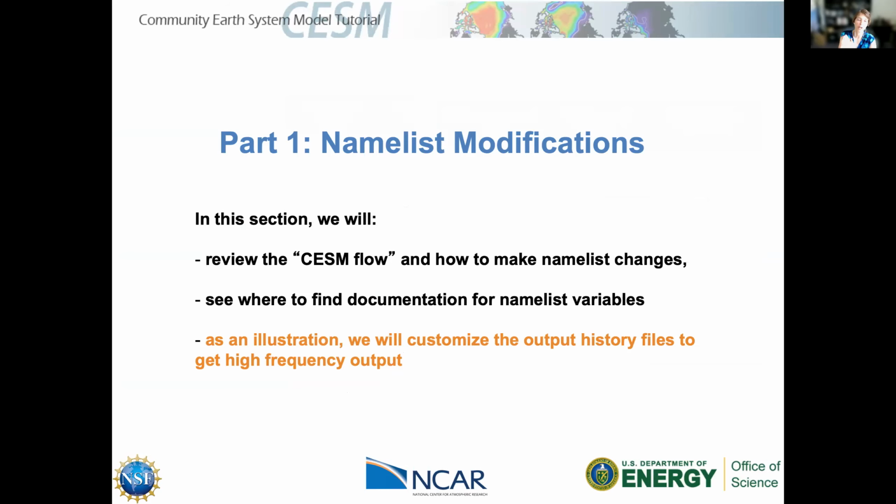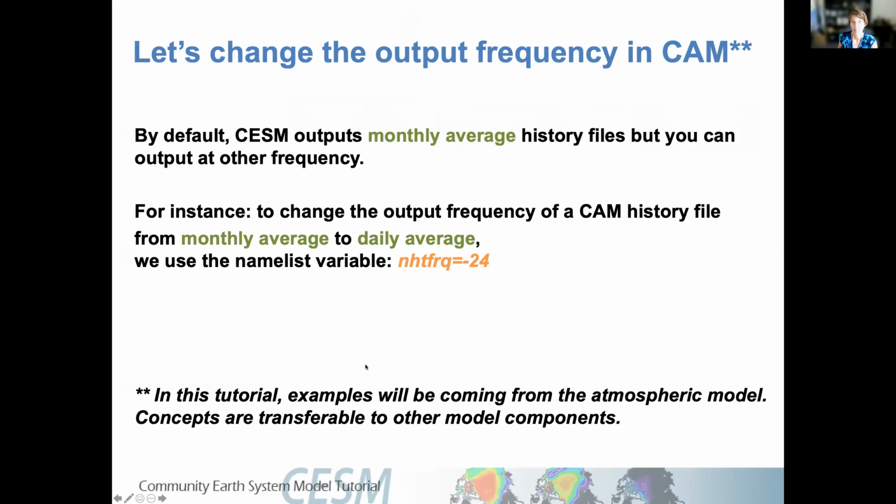As an illustration, we are going to customize the history file to get high frequency output. By default in CESM, you get a monthly average history file, but you can output at higher frequency. For example, you can go from monthly to daily average.